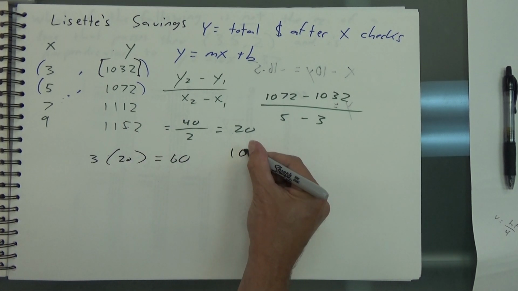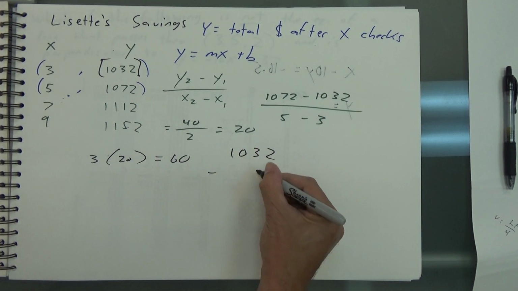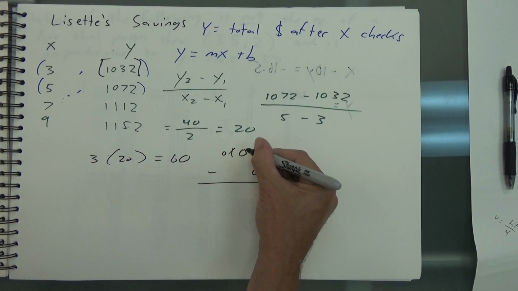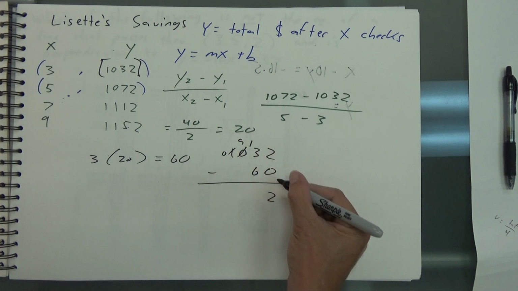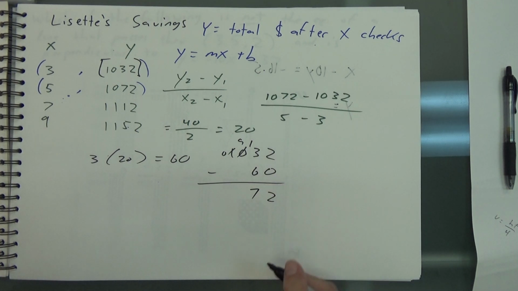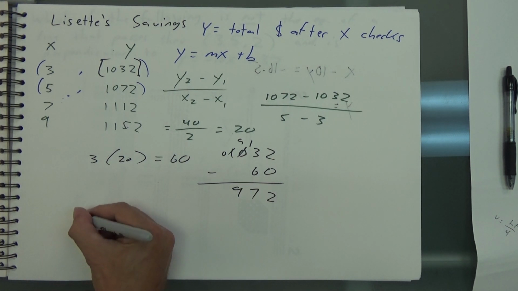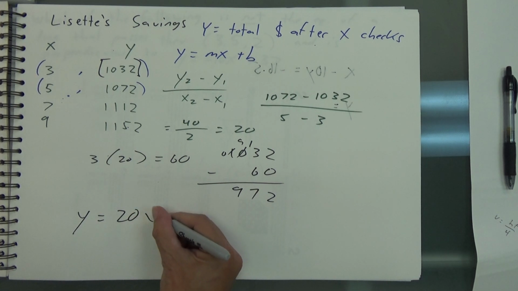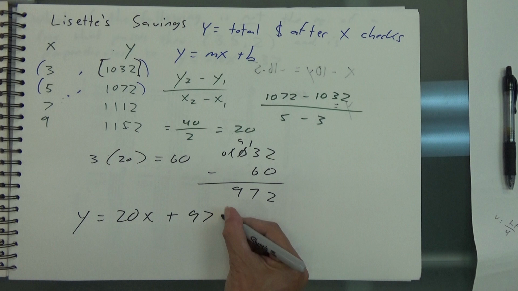So I just take and add 60. 972. So then I'll write it 20x plus 972.